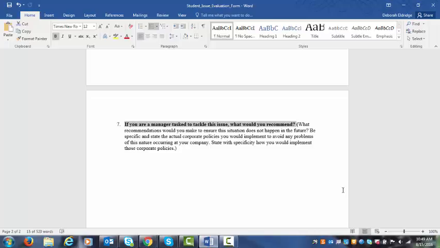Just saying that we need to revise the employee manual regarding sexual harassment, that's not going to identify what you actually need to do in order to guide your organization on the changes that structurally need to be made from a management standpoint or leadership standpoint to ensure to the best of your ability that you can avoid this from happening again.